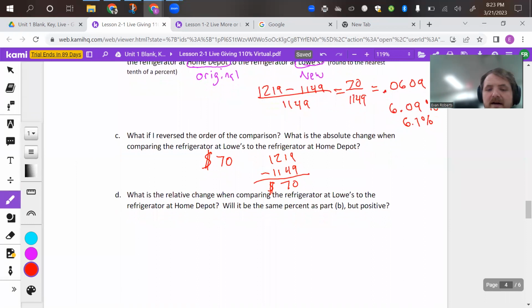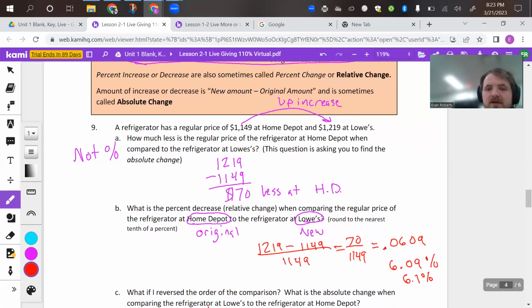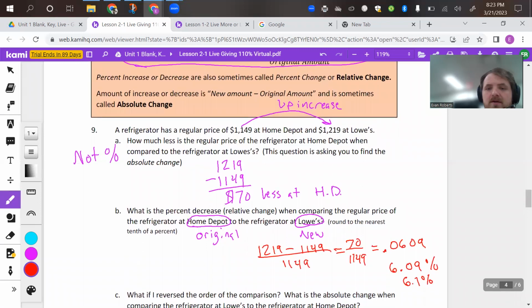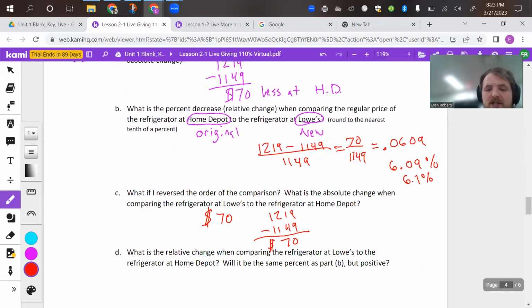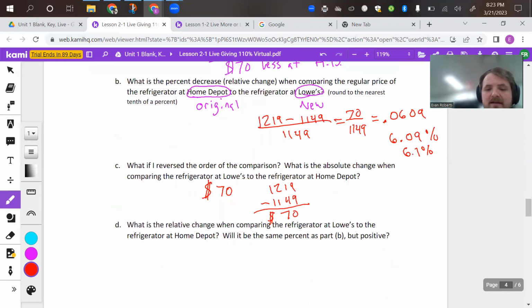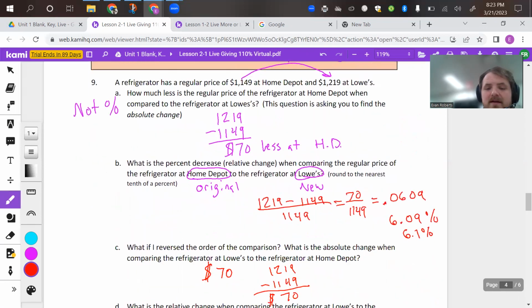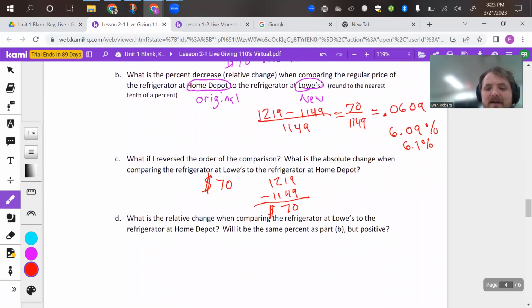And then that relative change, it's asking for the actual equation. So again, that new price is now the 1149. You're subtracting 1219, all divided by 1219.